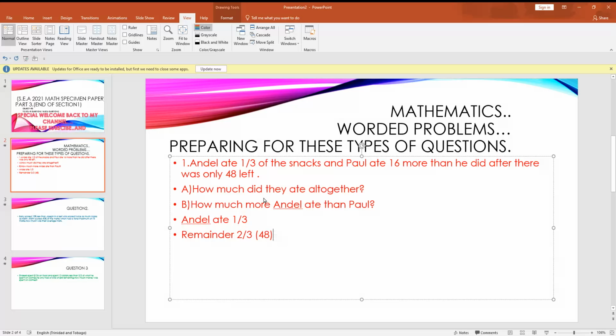Now, you don't have to do anything besides this. First you want to put the 48 and multiply by the reciprocal of the fraction.